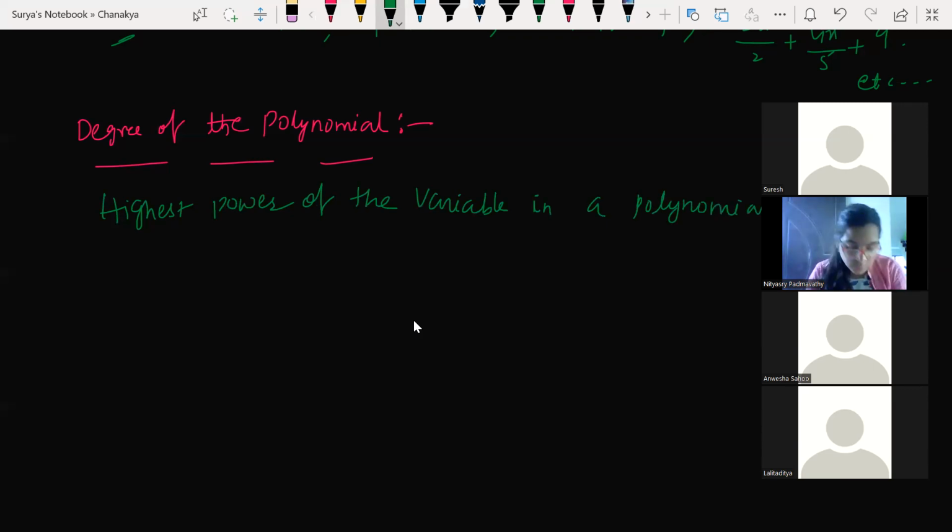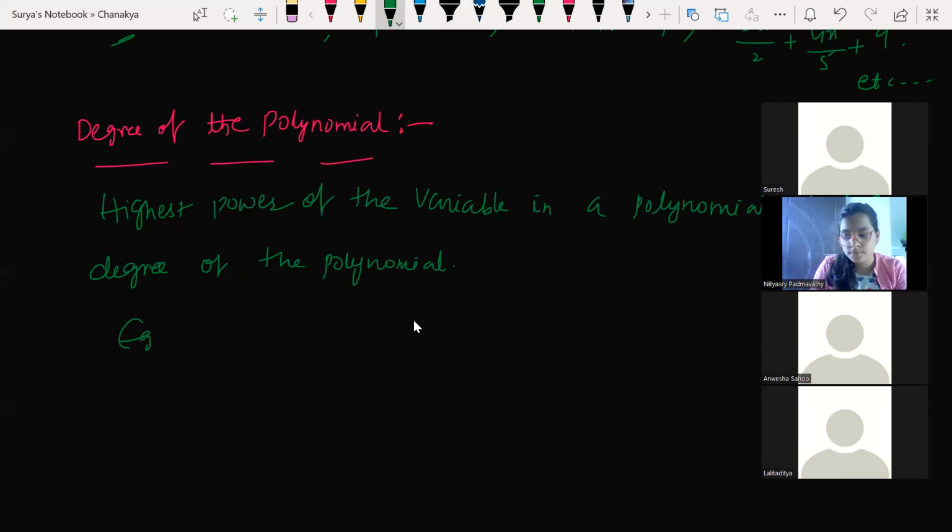Sorry, degree is a different concept, not part of types, guys. Degree of the polynomial is a separate concept. Highest power of the variable in a polynomial is the degree of the polynomial.